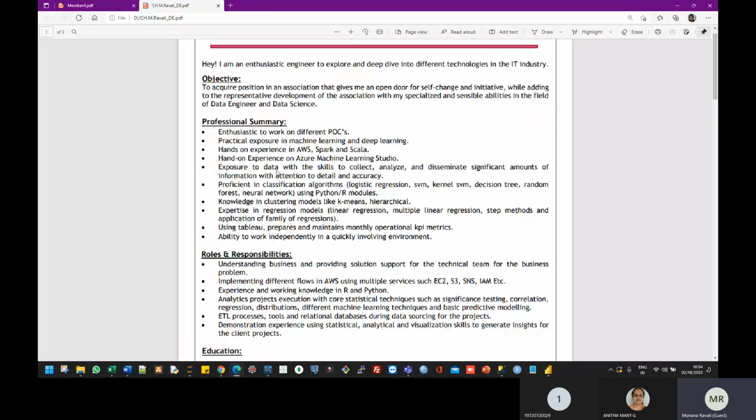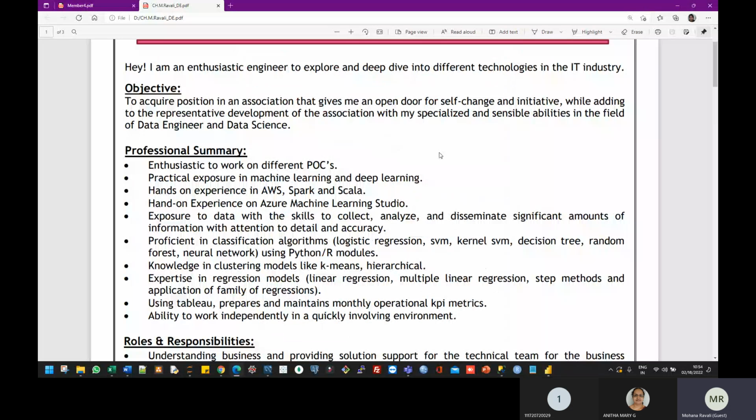Actually my tagline is not that. My tagline is different. I'll open another resume. That is actually my resume tagline: Business analyst and a data scientist with enthusiasm. But why did I keep this? I am going to get a job in a bigger MNC, which is now offering me double.